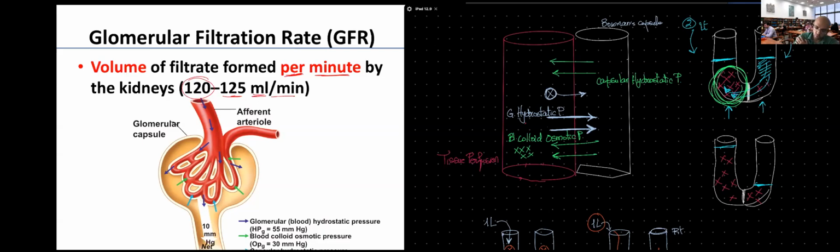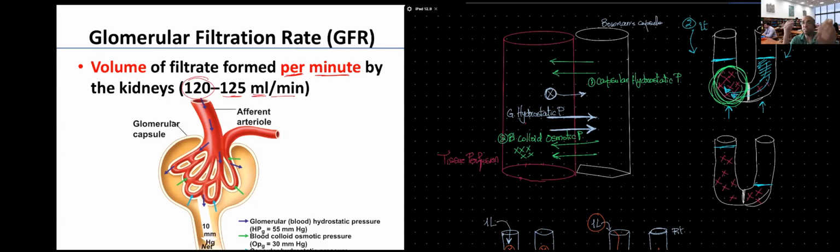What are those two? I have capsular hydrostatic pressure and I have the blood colloid osmotic pressure. Those are two pressures that will allow the movement of fluid back to the vessels. And the one that allows the filtration to take place is the glomerular hydrostatic pressure.